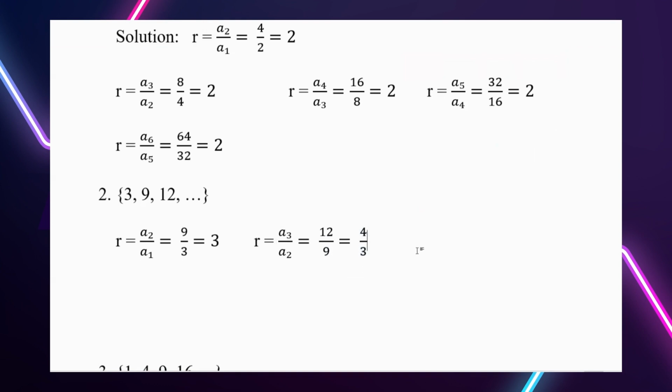So, dito pala makikita natin na magkaiba na kaagad ang ratio ng first term at ng second term, at ng second term and the third term. Therefore, we can now conclude that the second example is not geometric sequence.